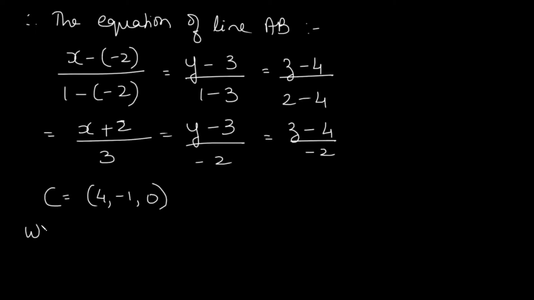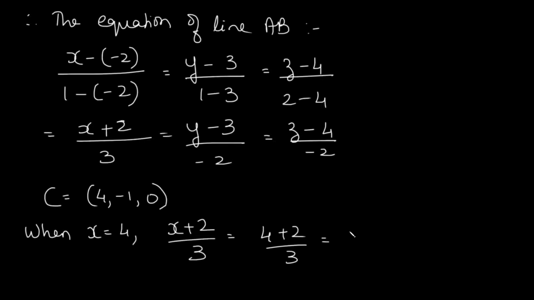Now when x is equal to 4, the Cartesian equation of the line becomes 4 plus 2, that is x plus 2 upon 3, which is 6 upon 3, which is 2.